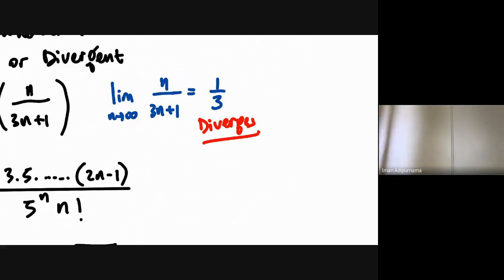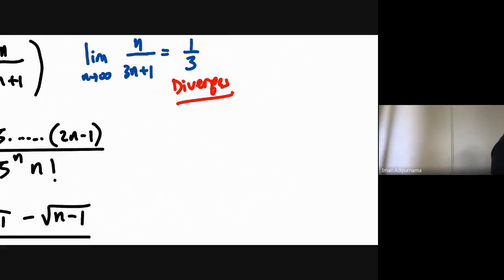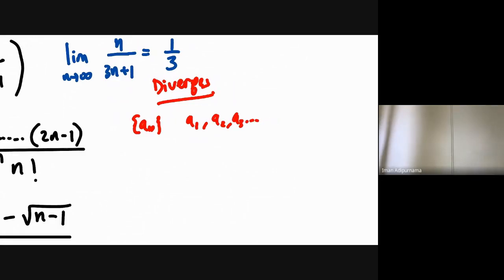So how to make sense of this? In a sequence, if it's a1, a2, a3, and so on, and your sequence approaches some value, then it will converge to one value, right?